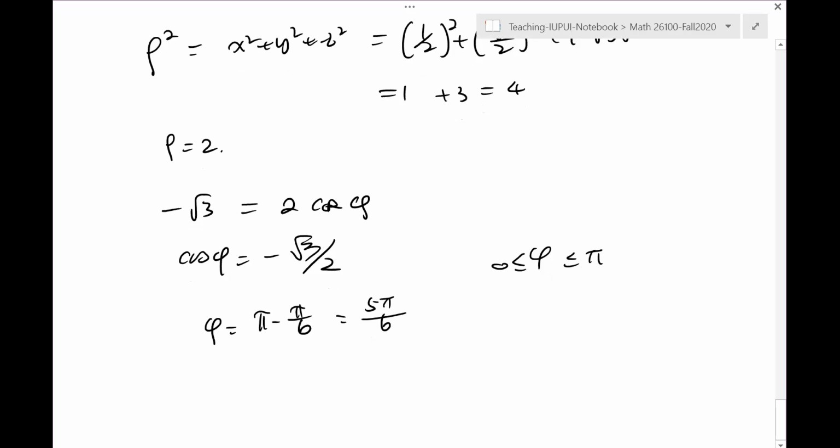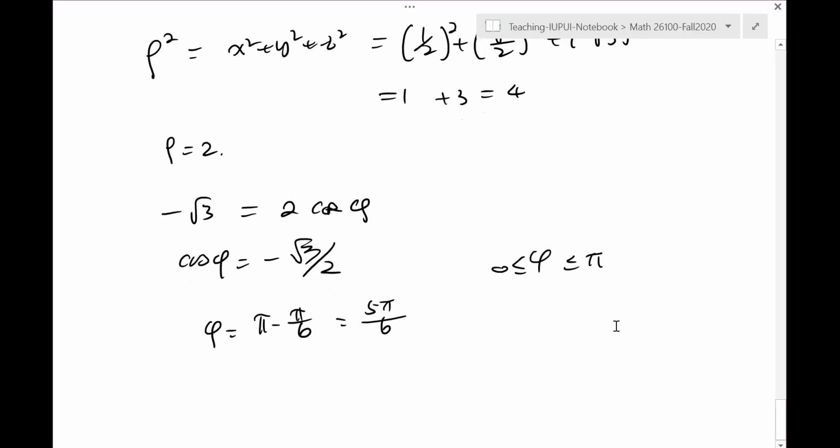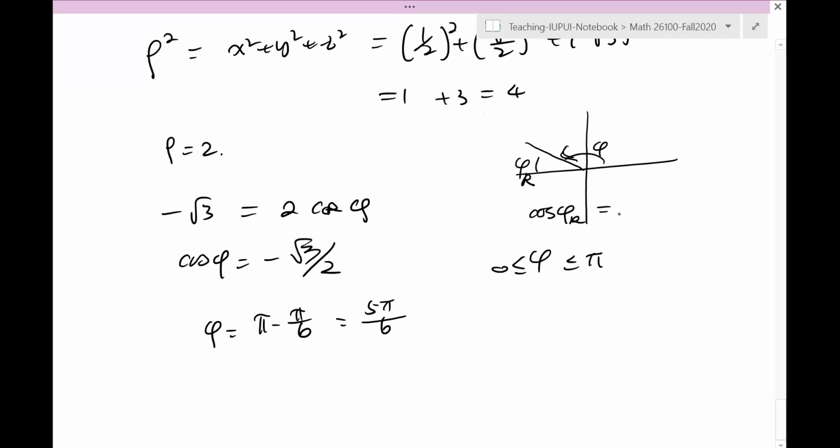Okay, how do I get that? Well, this is another story, right? You have some angle here, that's phi. Then you find a reference angle. The cosine of a reference angle is always going to be the absolute value of cosine phi, which is going to be square root of 3 over 2.